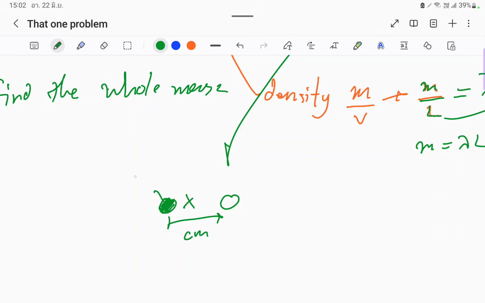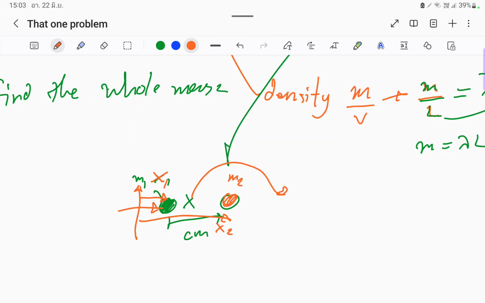If this has m1 at position x1, and as I said before, you must define your position clearly, x1 is from here to here, and from here to here is x2, and this mass is m2.